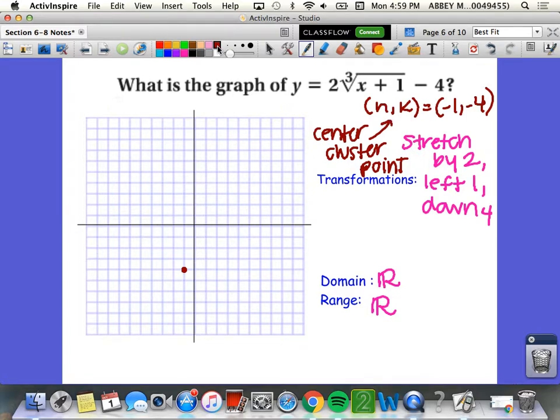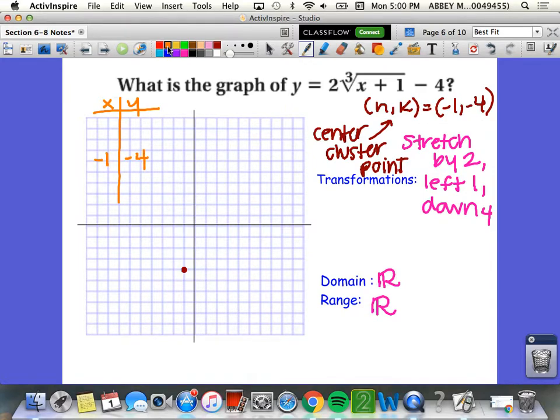All right? So from here, you're like, Money, how in the world am I going to graph these points? Okay? It's all right. We're going to deal with this one step at a time. So here, our center cluster point was at -1, -4.